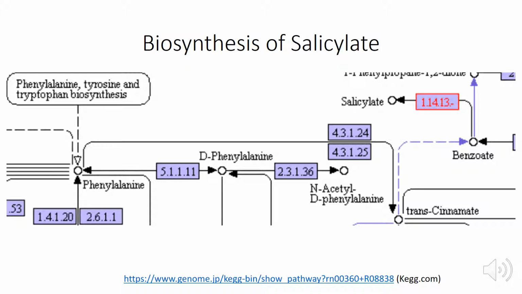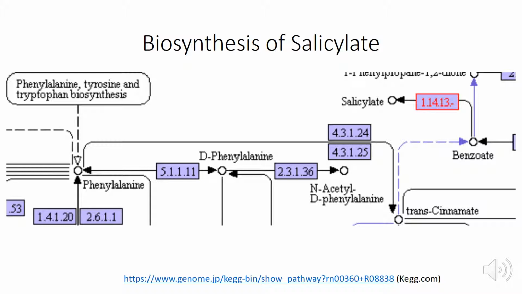So we have to follow phenylalanine, and it gets converted into trans-cinnamate, which you can follow by the arrows to the right and then down. Then trans-cinnamate is converted to benzoate, and then we go up from benzoate to salicylic acid. This has been shown to occur in three distinct reactions: phenylalanine to trans-cinnamate to benzoate to salicylate.